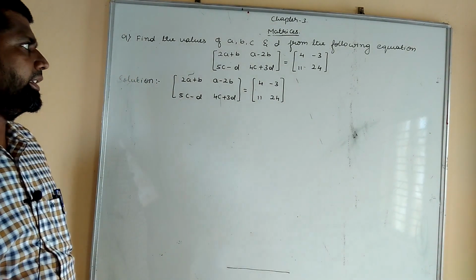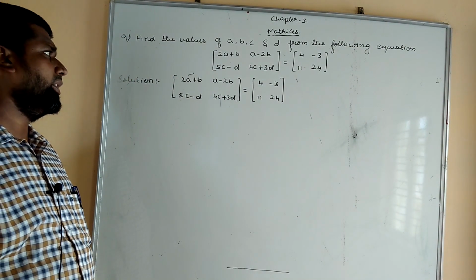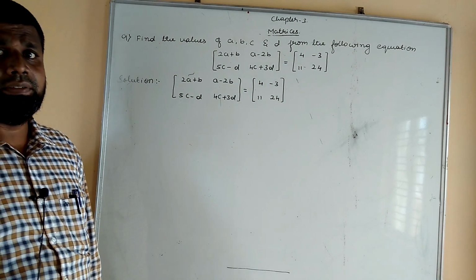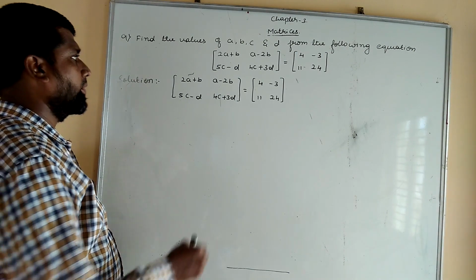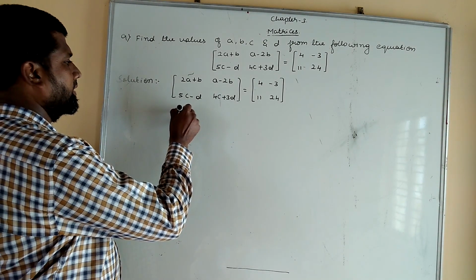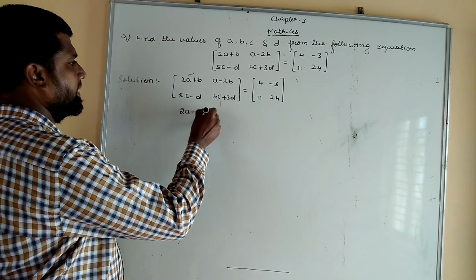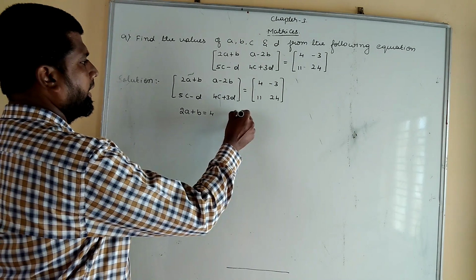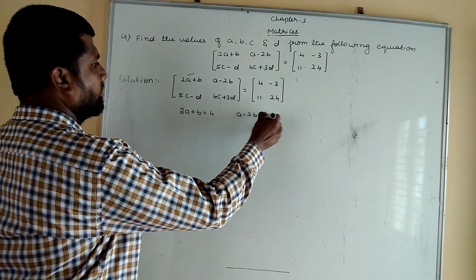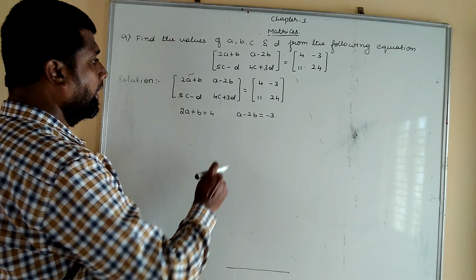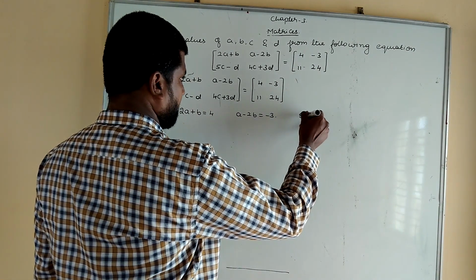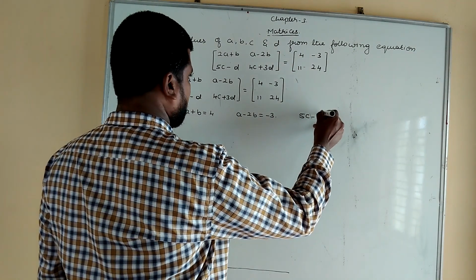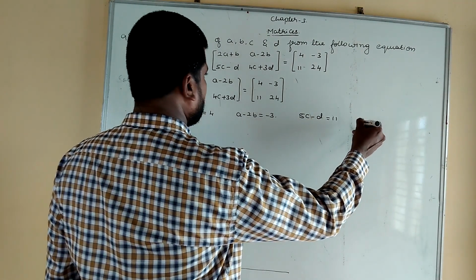You have to find, by equating the corresponding elements, the values of a, b, c and d. It is a little different problem. Let us equate the corresponding elements. 2a plus b is equal to 4. a minus 2b is equal to minus 3. 5c minus d is equal to 11.